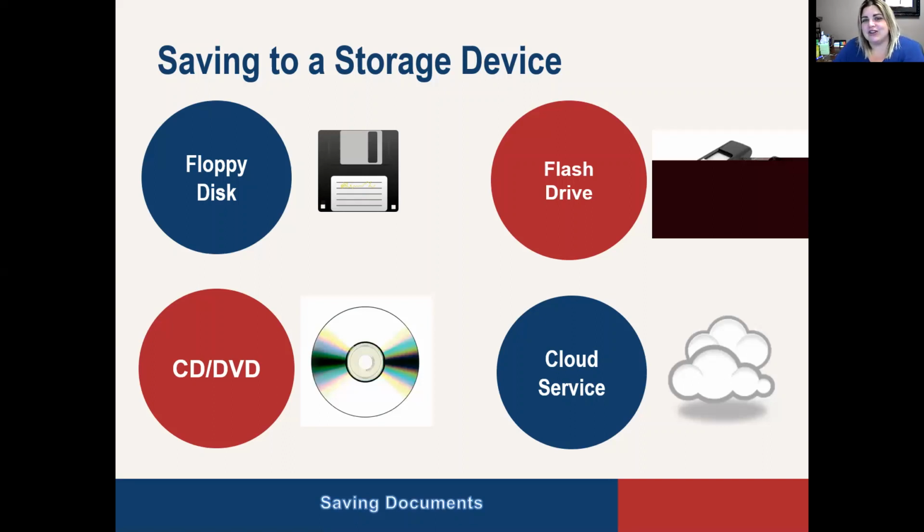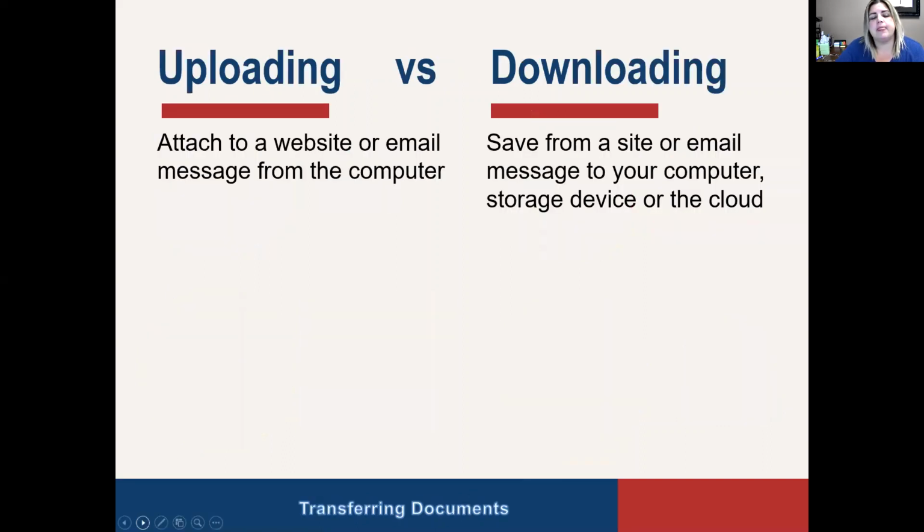Somewhere is your information. So the cloud service is another option that you could potentially use these days, which would allow you the convenience of just logging in, and then you'll have access to it. So when you save your documents, you're going to be saving it to one of these services or items.